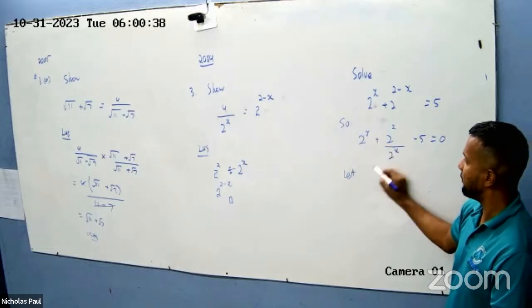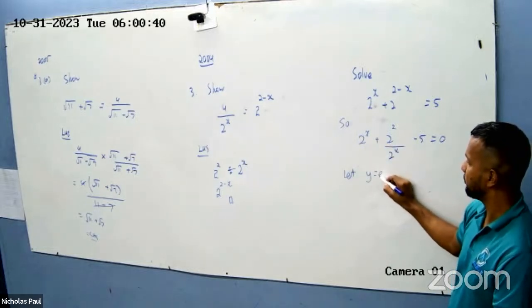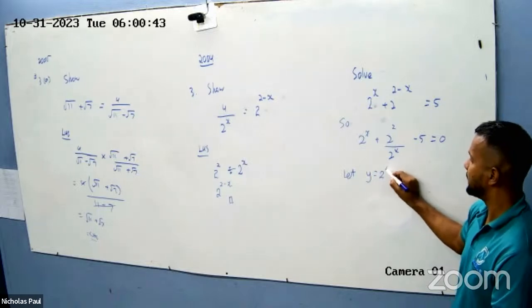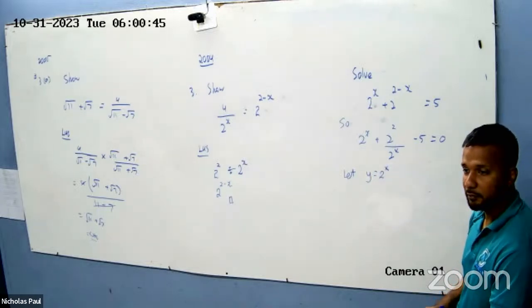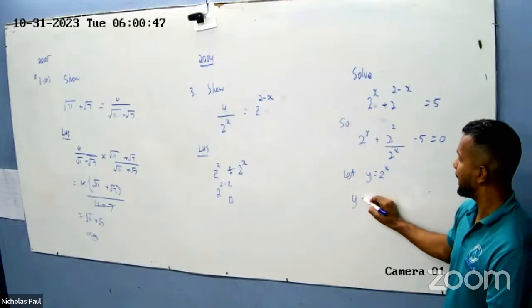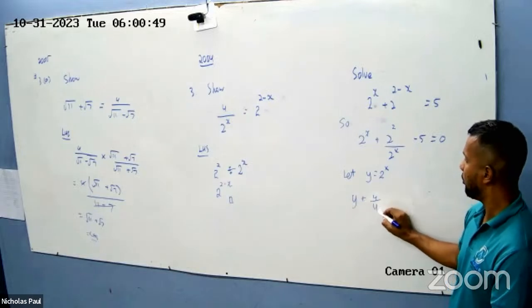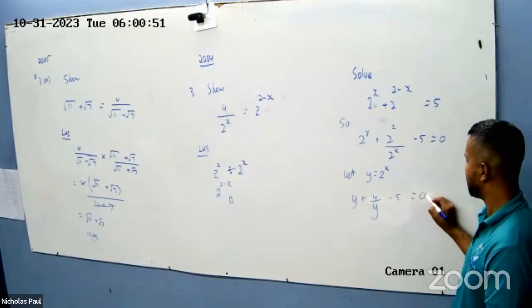This is looking kind of confusing, so we can let y equal 2 to the power of x. Right? So we're going to get y plus 4 all over y minus 5 is 0.